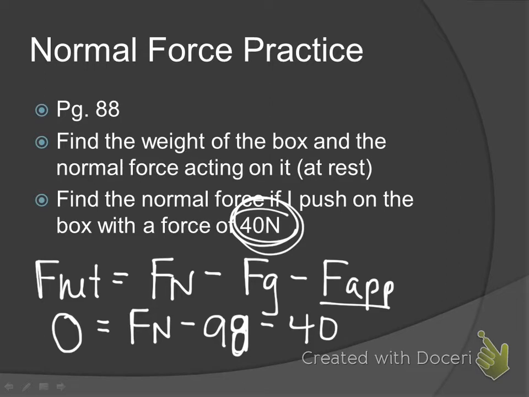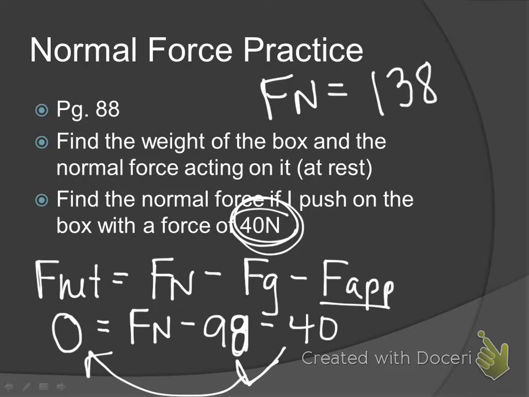Okay, so now I'm going to solve for the normal force by moving both of these terms over to the left side of the equation. I'm going to add both of those over there. And I'm going to get F sub n equal to, what do we get? 138 newtons. Okay, so it's exerting a larger force back up on my hand because I'm pushing harder on it.